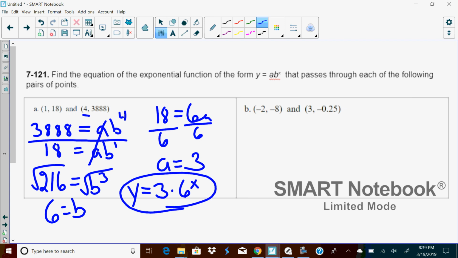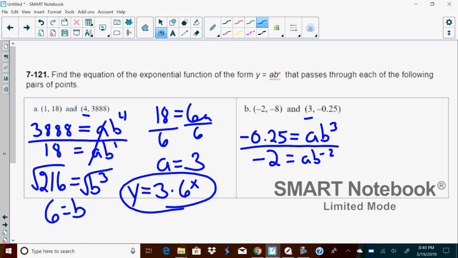For B, I'm going to do the same thing. The smaller of the two exponents is actually going to be the 3. It's going to go on the top. So I'm going to do negative 0.25 equals AB to the 3rd divided by negative 2 equals AB to the negative 2nd.